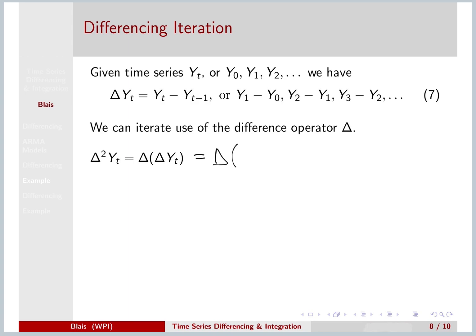And what we have in the parentheses here, we already have an expression for. We have what this delta y_t is, y_t minus y_{t-1}. But we can now distribute this difference operator, which gives us delta y_t minus delta y_{t-1}.